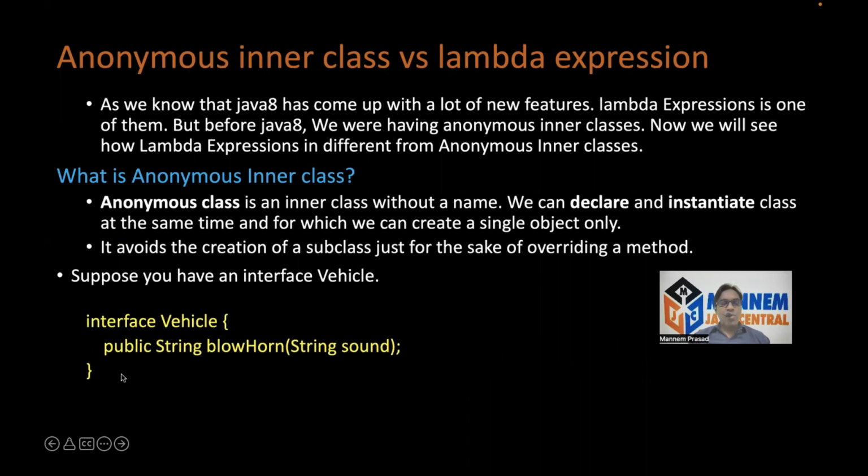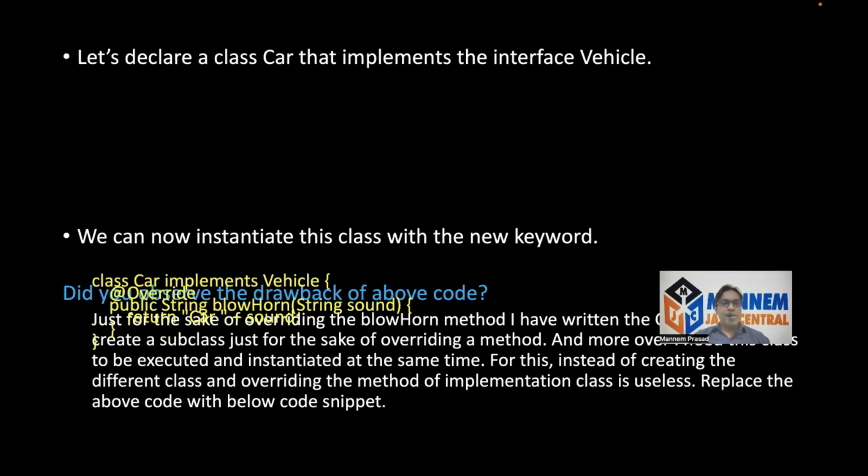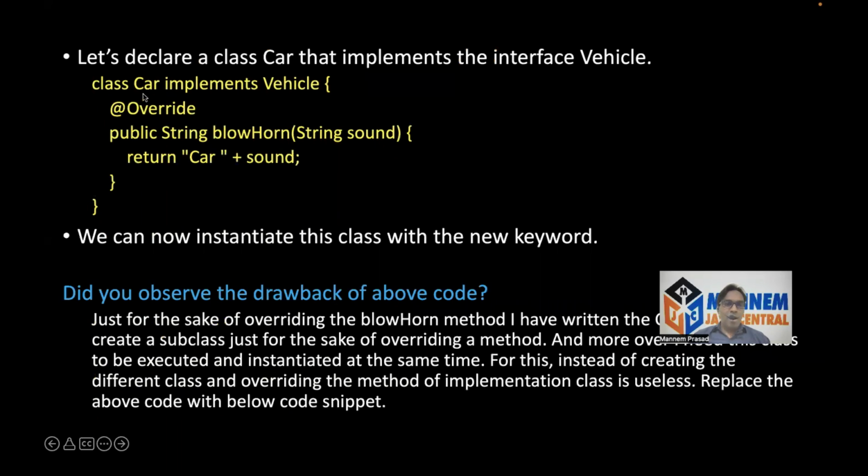So let's take one more implementation class to implement the Vehicle interface and provide implementation for blowHorn method. See, I have a Car implementation class which provides implementation to Vehicle. If I am providing implementation to Vehicle interface, I must and should override blowHorn method to provide implementation. So I have overridden the blowHorn method and I have provided implementation.